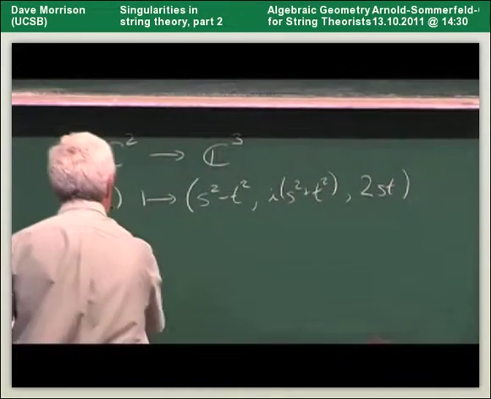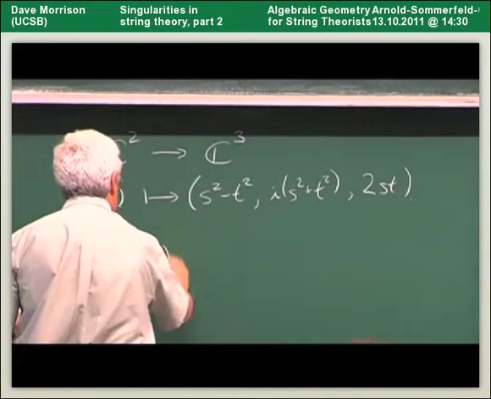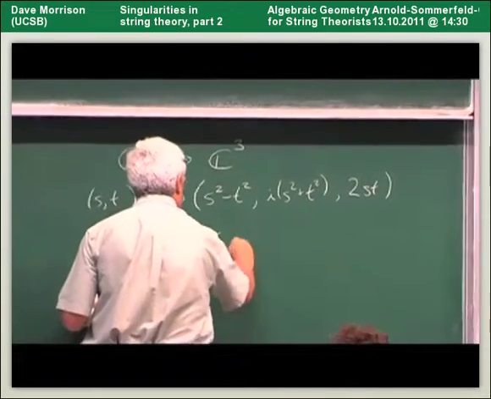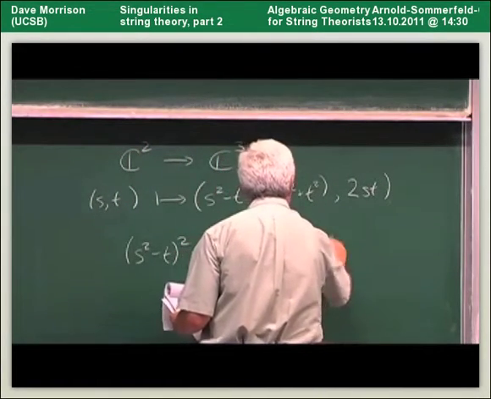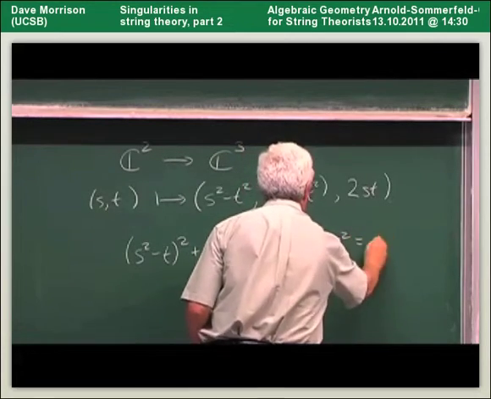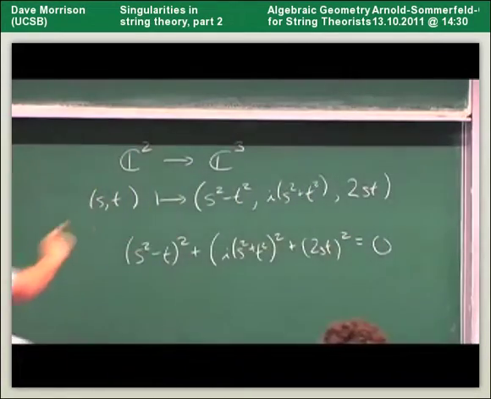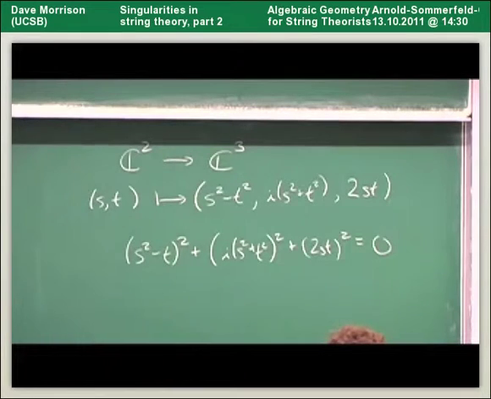And I made those choices so that if I take the sum of squares of the things in the image, I get 0. So the standard quadratic form on my three-dimensional space is preserved by this transformation.